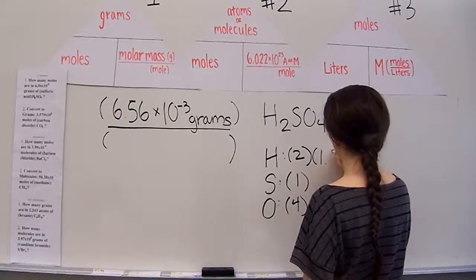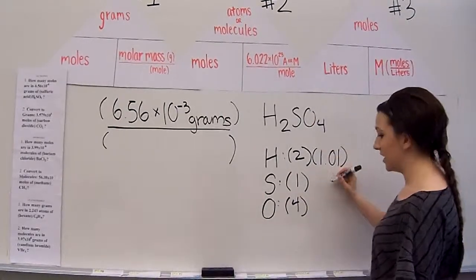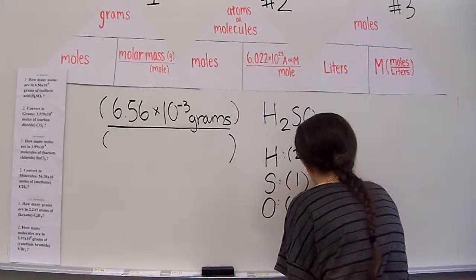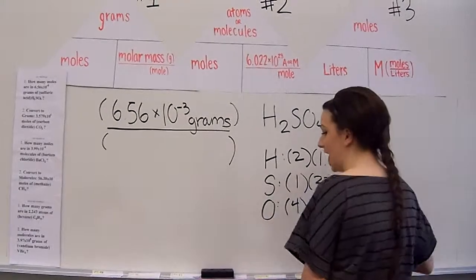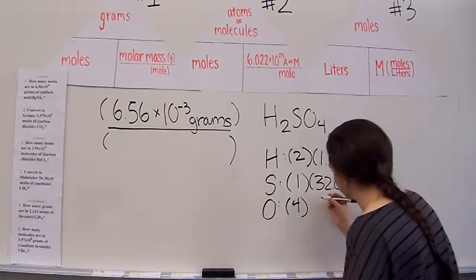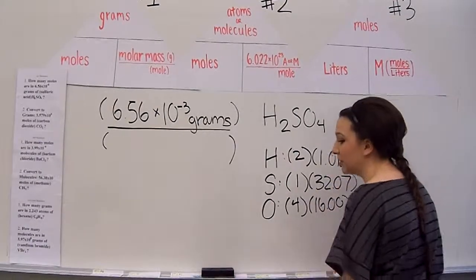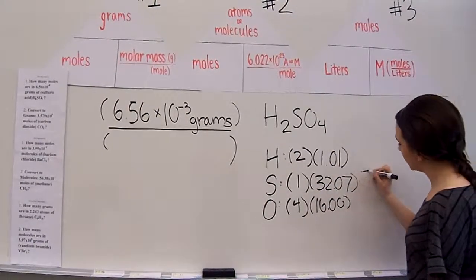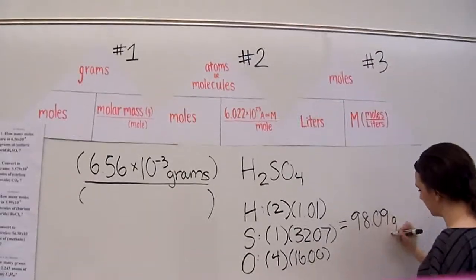So hydrogen is equal to 1.01. And then next we have sulfur, which is 32.07. And then we have the oxygen, which is going to be 16. And then when you multiply that together, you get 98.09 grams per mole.